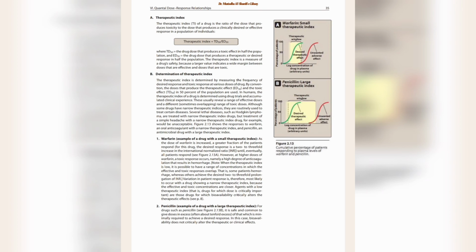For example, suppose what are the side effects of calcium channel blockers. These side effects are normally written in normal books in just one line, like gum hypertrophy, headache, like that.